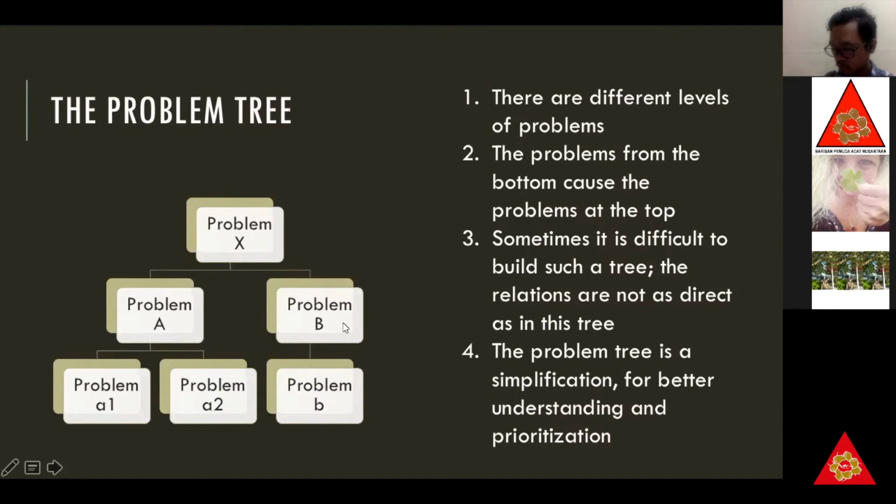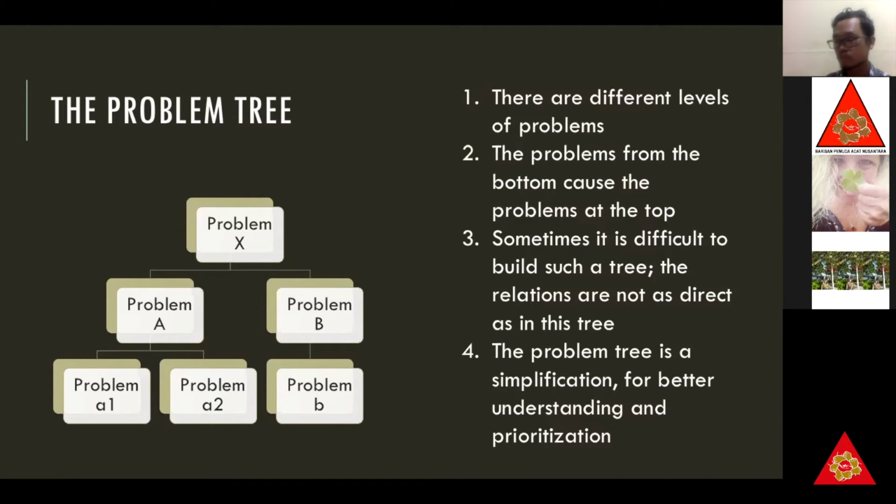And problem B, too many people, is because, for example, women are having too many children, they don't have education. So in this way you could build a problem tree which explains the problem X. As you see in the third level, you have a lot of problems, but they are somehow organized.